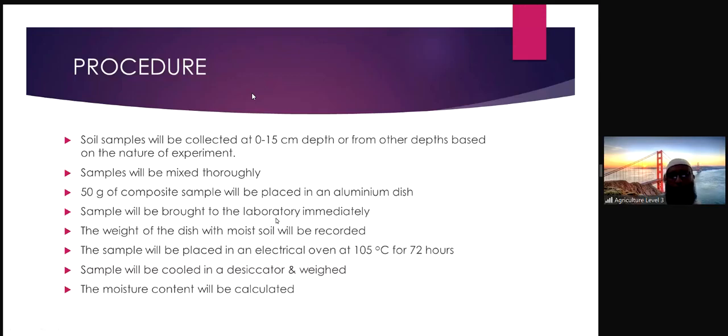Sample will be brought to the laboratory immediately. So we need to make sure that during sample collection and during its transfer from field to the lab, you are not losing any moisture.